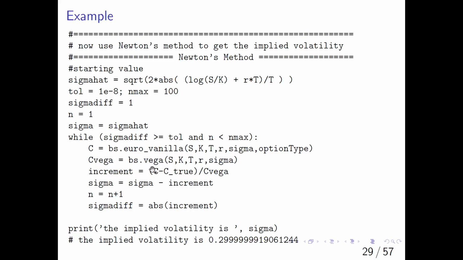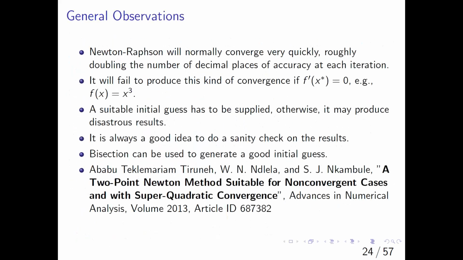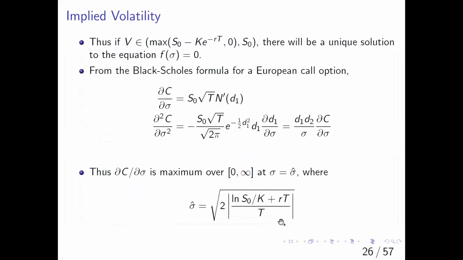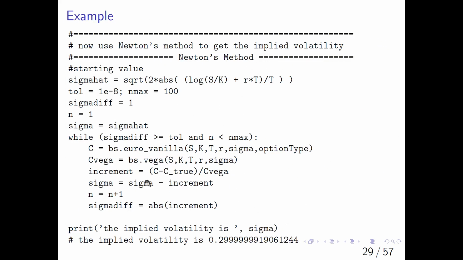So the numerator here is just the nonlinear function f(x), and this is the derivative. So the increment will be f(xn) divided by f prime(xn), okay? So this is the increment term, which is this one. So current approximation minus this increment will become our approximation for the next step.